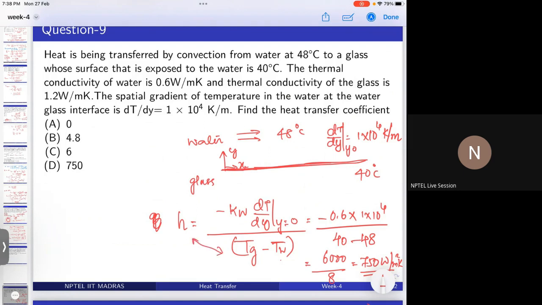If you take this equation, I didn't get the answer. You may have put the thermal conductivity of glass. Okay, I got the answer. I did the calculations wrong, otherwise I would have got the answer. Okay, sir, thank you.